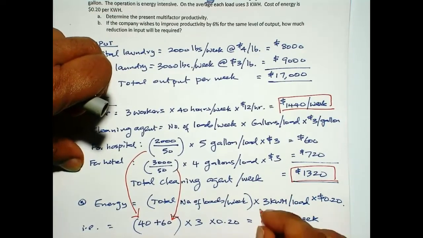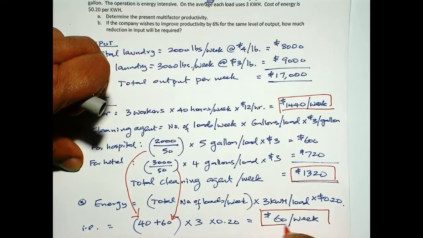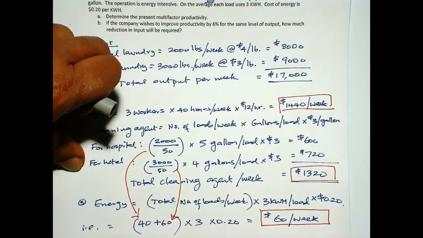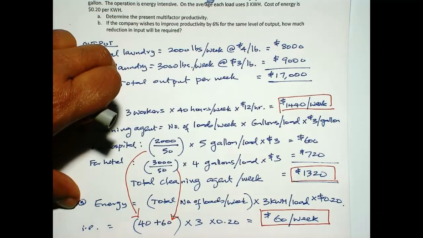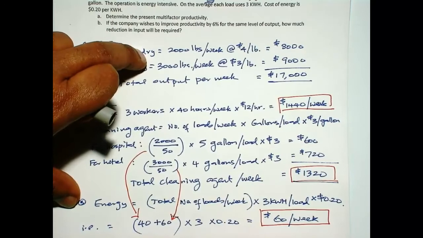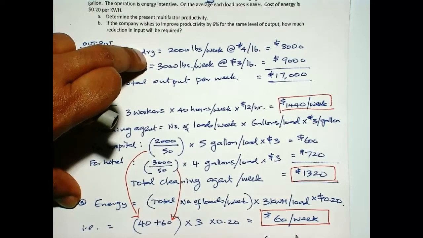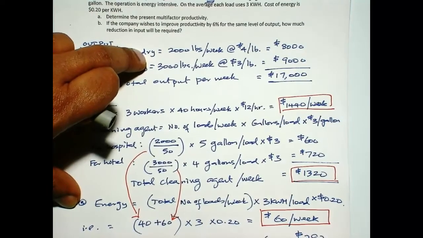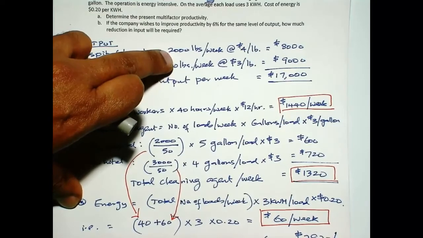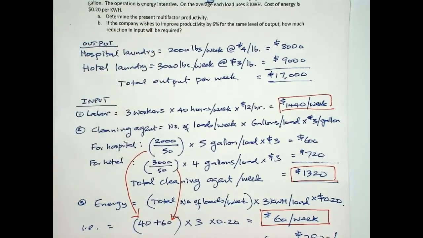So total input then is 1440 plus 1320 plus 60. So that is 2820 per week. Now with this we can compute the multi-factor productivity.